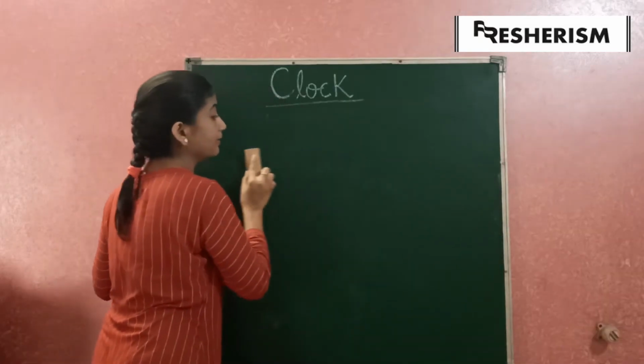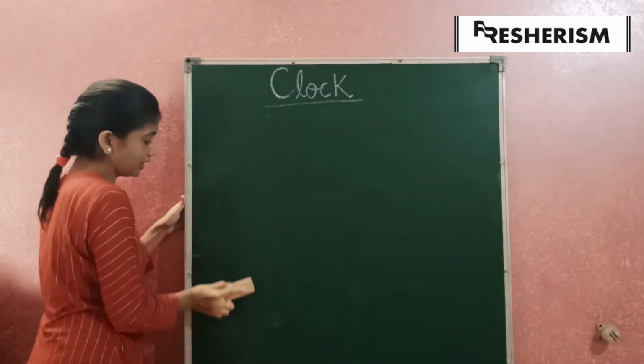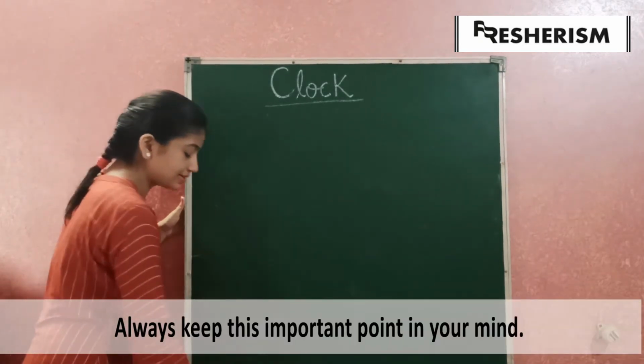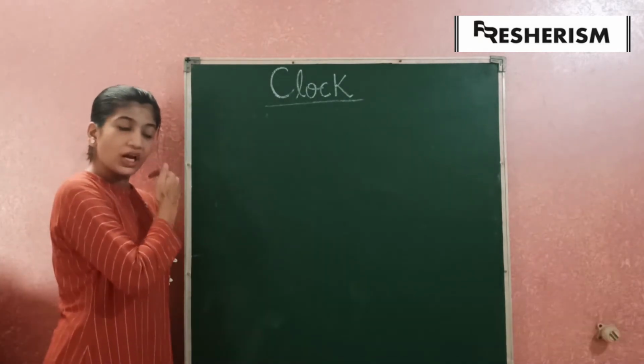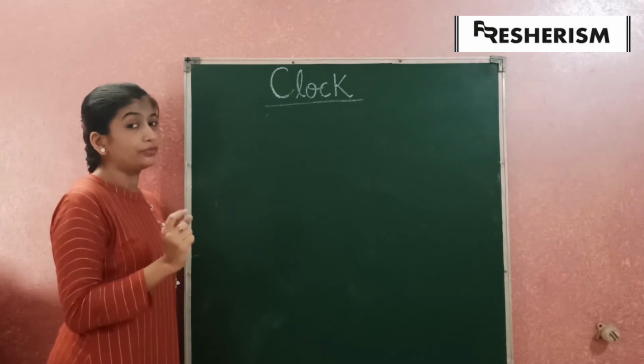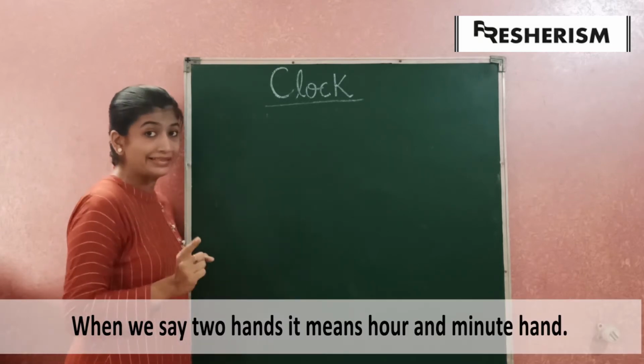One thing, as I mentioned earlier, which should be remembered: in the examination, when it is said that the 2 hands of the clock, one should remember that the 2 hands of the clock are always the hour hand and the minute hand, not the seconds hand.